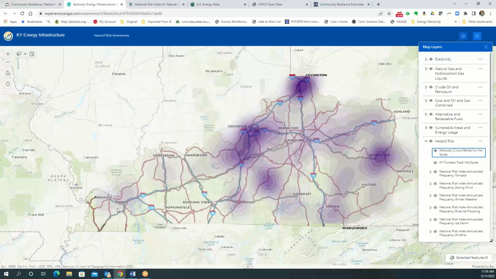And you can see that oftentimes these hotspots do coincide with, for instance, areas of the state that experience high winds or tornadoes or winter weather, strong winds, ice storms. And we also see those areas of the state where the terrain is particularly difficult and makes maybe that infrastructure a little bit more vulnerable to outages when we have a natural event occur.